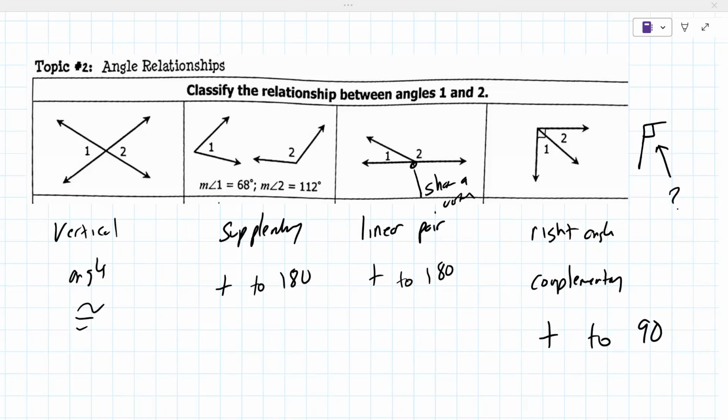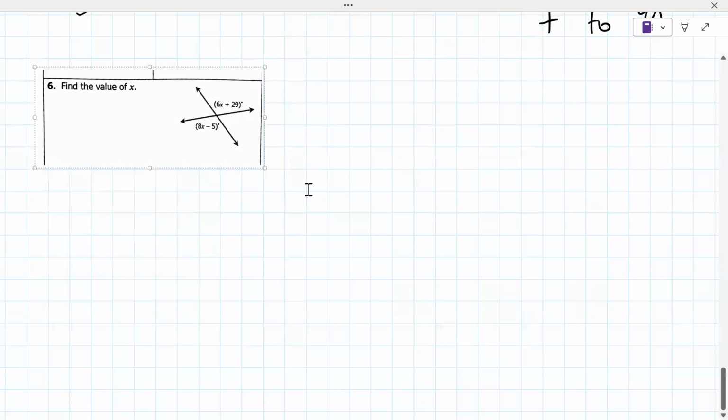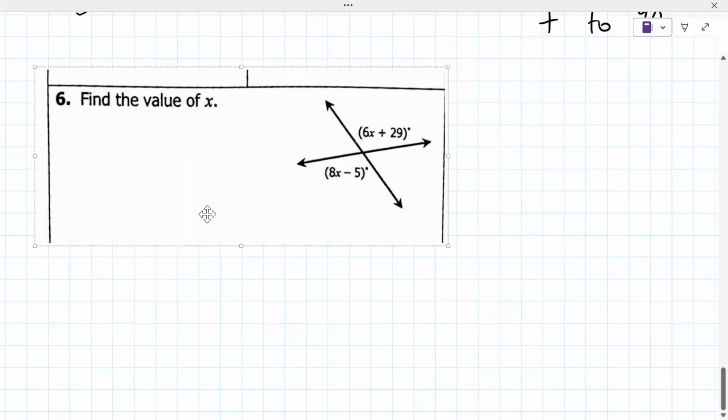Okay. So these angle relationships help us in solving the following problems. Notice you're either going to set equal or they add to something. That would be equal.